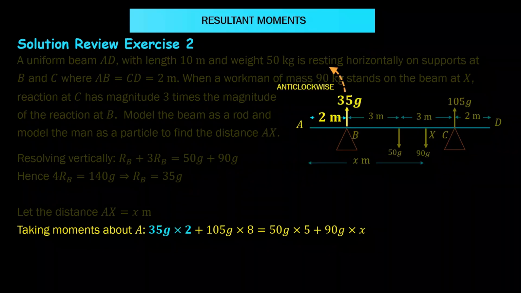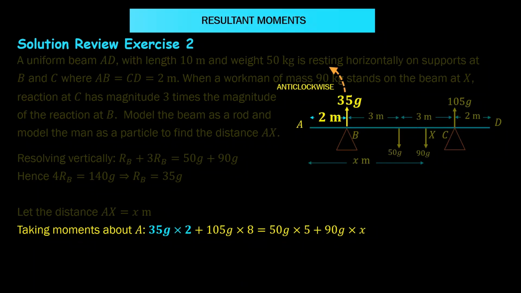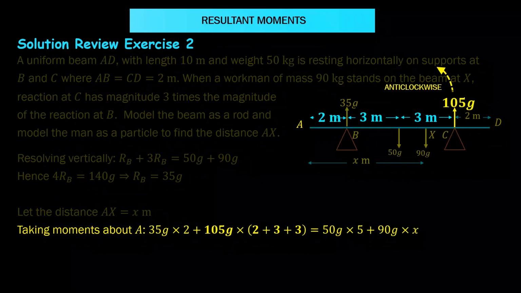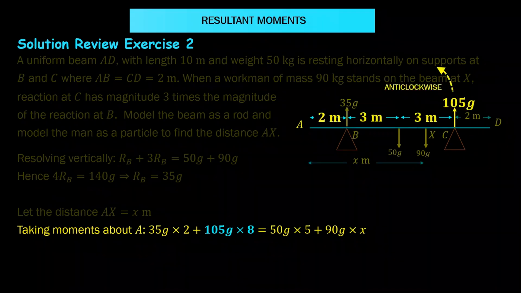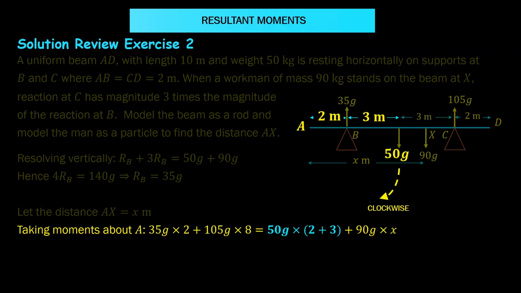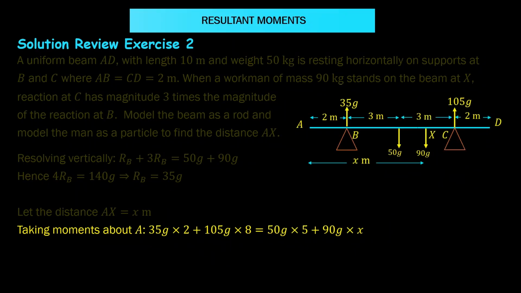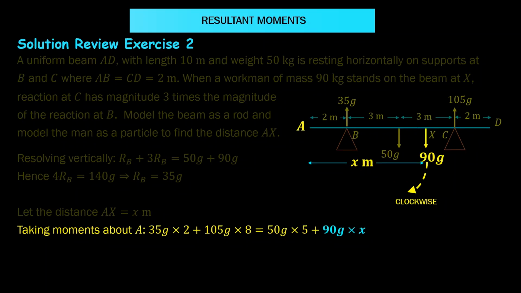So the anti-clockwise moments, we have 35g times 2 plus 105g times 2 plus 3, as shown. And this equals 50g times 2 plus 3, plus 90g times x.